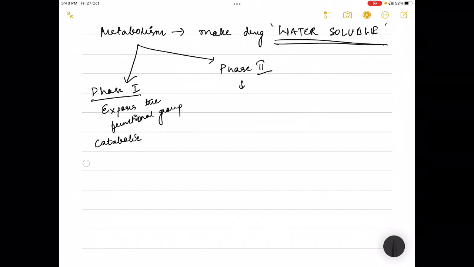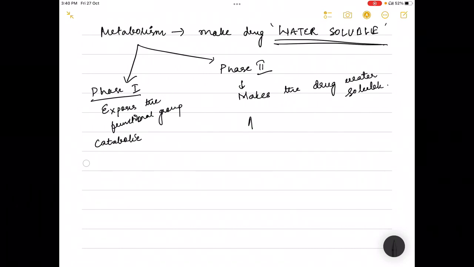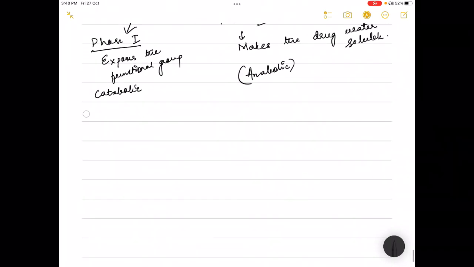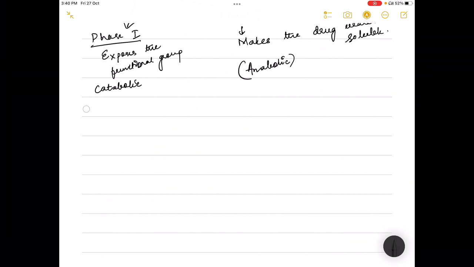The phase 2 reaction makes the drug water soluble. It is an anabolic reaction. Okay. So what are the phase 1 reactions? These are ORCHD. Okay.